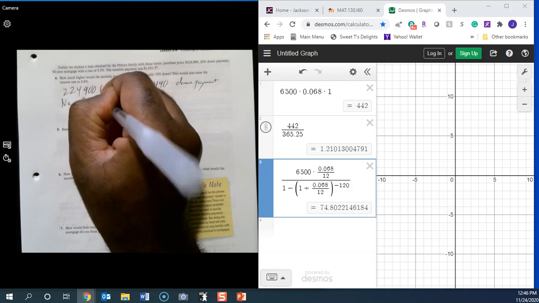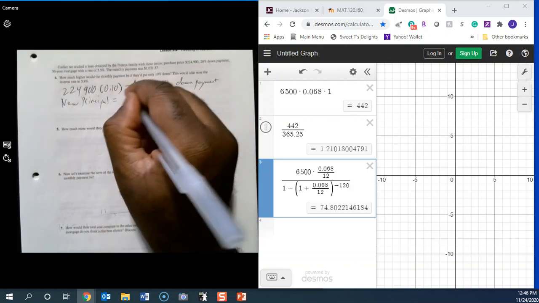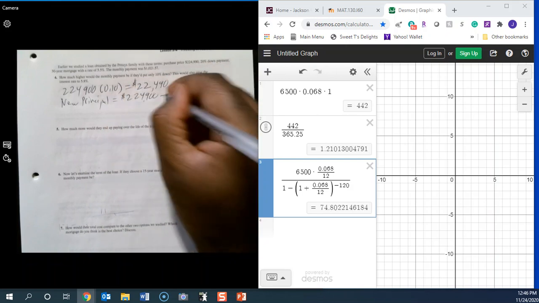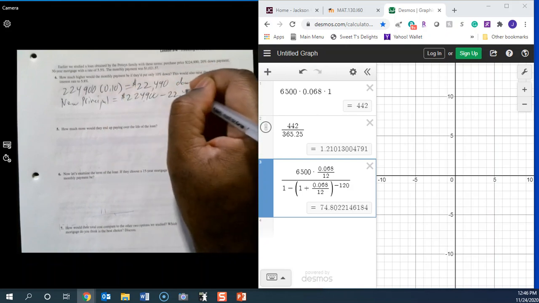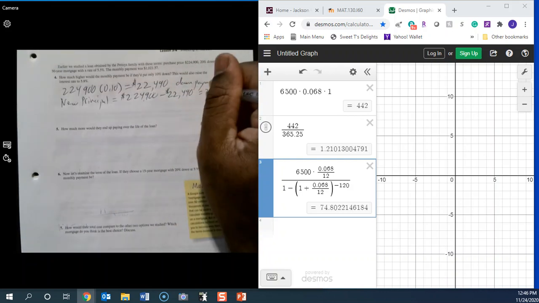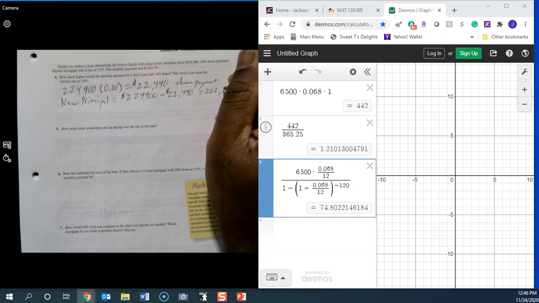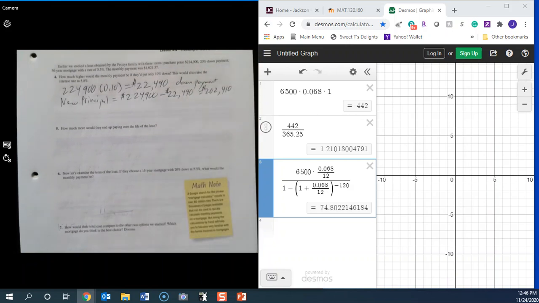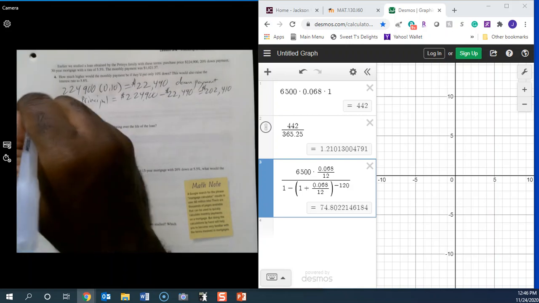Our new principal would equal the $224,900 minus the down payment. So our new principal would be $202,410.